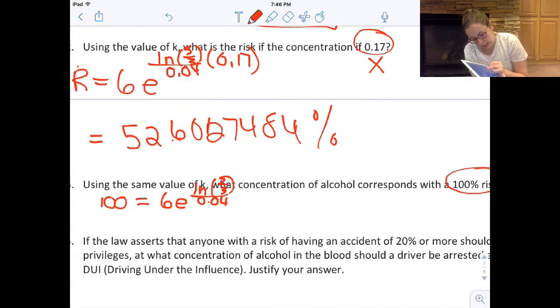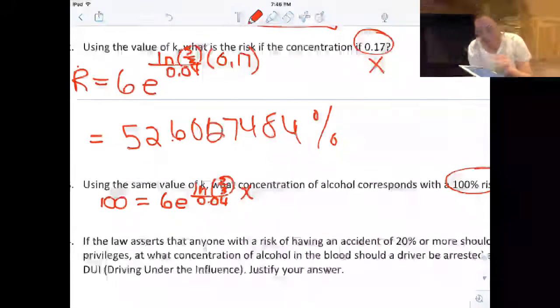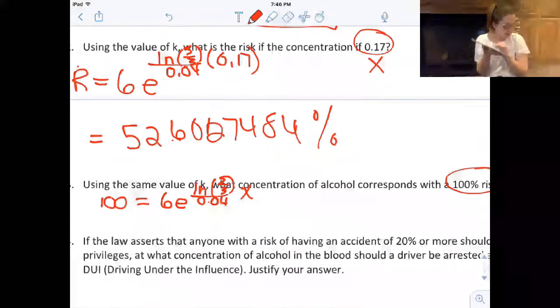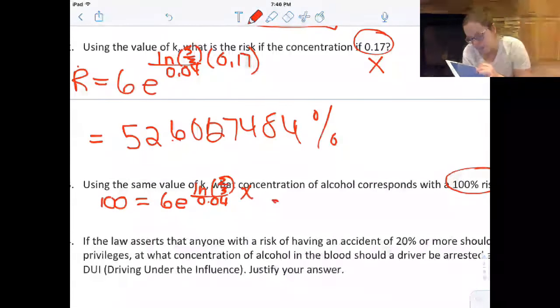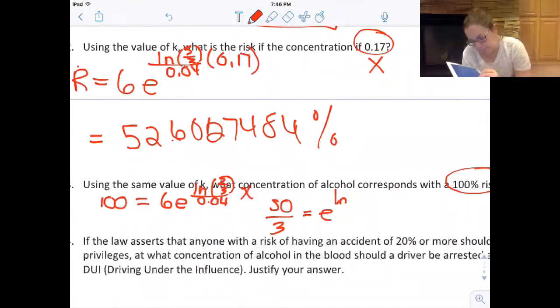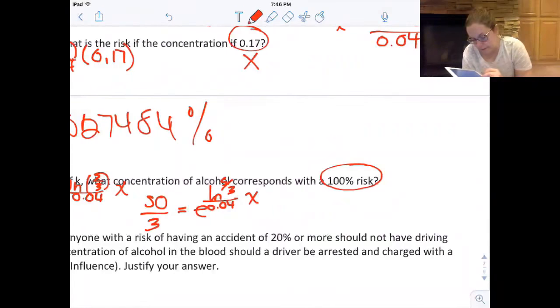Convert, and you are going to get that x equals 0.22203030022. So our best estimate here is that if that concentration is in your blood, there's a 100% risk that you would get into an accident.